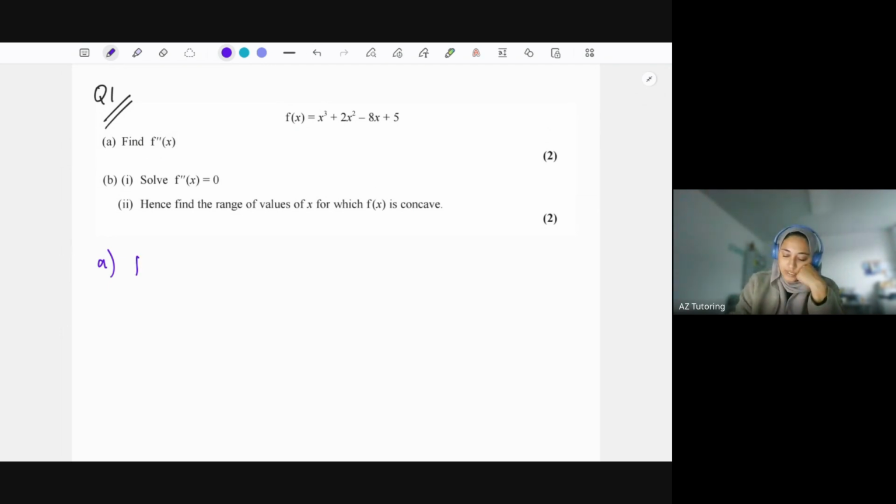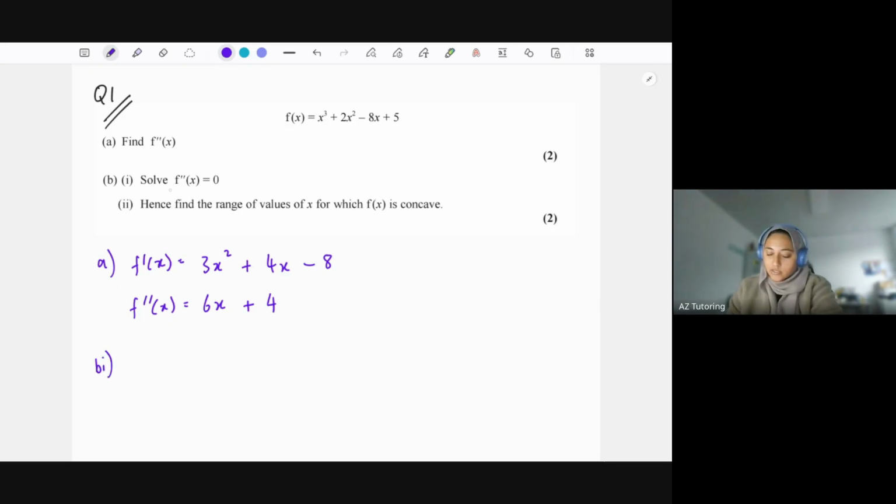So let's find the first differential. 3x squared, so 3 in front, decreased power, plus 2 times 2, which is 4, decreased power by 1, minus 8. So we found the first differential. Let's find the second differential. 3 times 2 is 6, decreased power, and then the differential of 4x is just 4, and then minus 8 is just 0. Okay, so that's how you find the second differential.